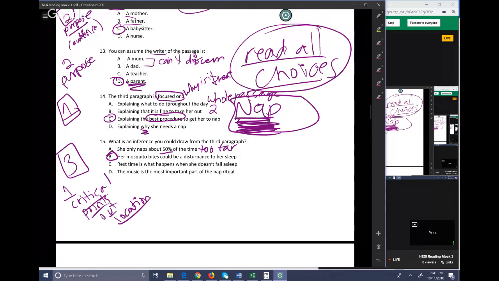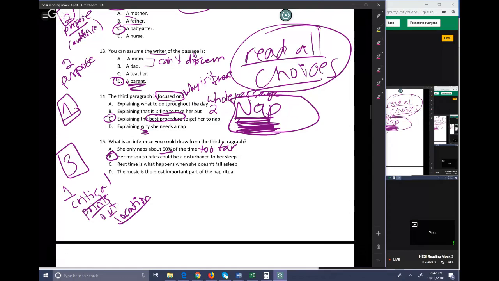The reason that B works is they're focusing on getting her to go to sleep, getting her to nap. If you're talking about meds in a paragraph about a nap, I realize that's not the greatest explanation. So they're talking about how to get her to nap, and then they mention medication for mosquito bites.